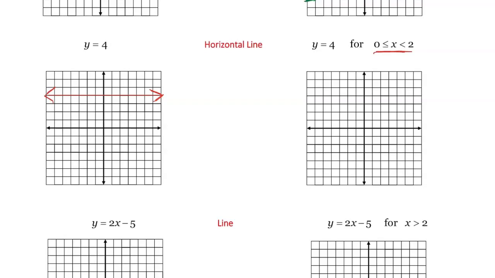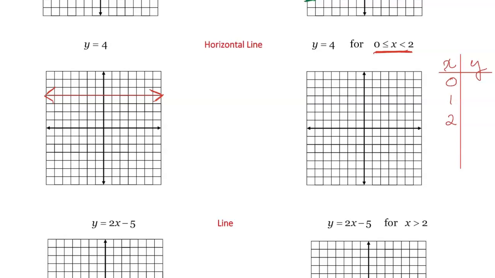I have a restriction. So I'm going to use my t-table to get my values. This is your x and your y. My restrictions are at 0 and 2, and I'm going to use those points as the points I'm going to evaluate.